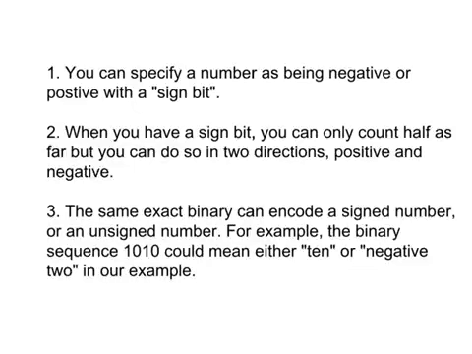You might be asking yourself, okay, so how do I know whether it is a signed number or an unsigned number? And I'll show you exactly how to do that in later lessons, but I want you to get a feel for the idea that you get to decide these things as the programmer.